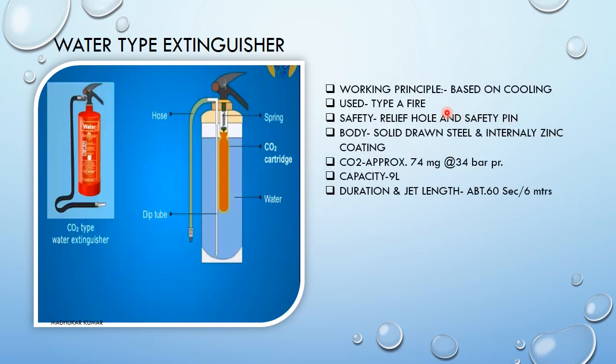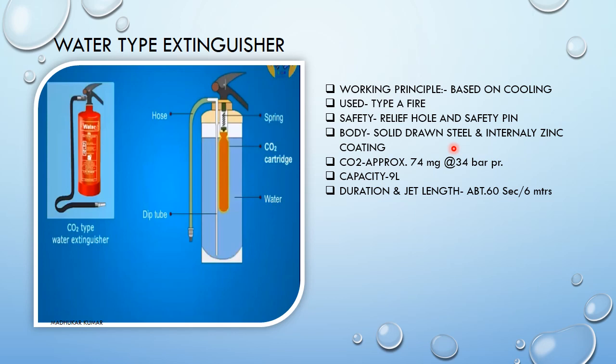Okay, so now here we can have the other details like working principle. This is based on cooling, it fights fire on the cooling principle, and is used on type A fire, that is your solid carbonaceous material like wood. Some safety features attached to it are the relief hole and the safety pin, which give safety to the portable extinguisher.